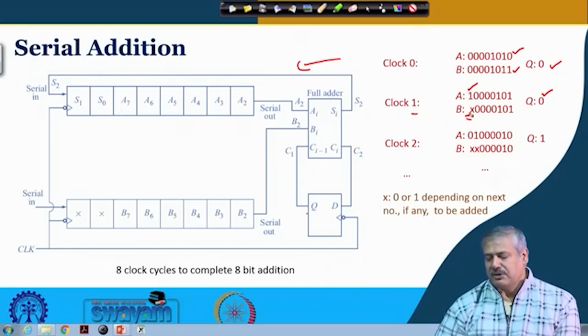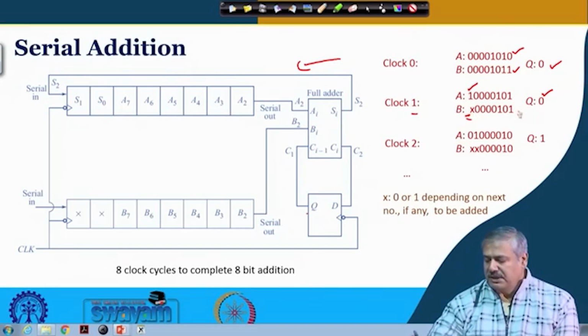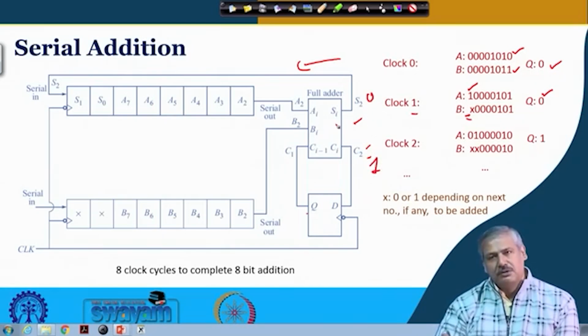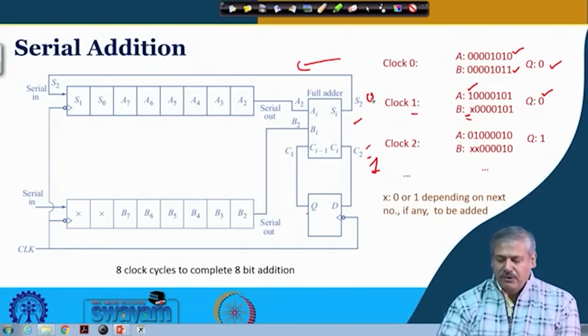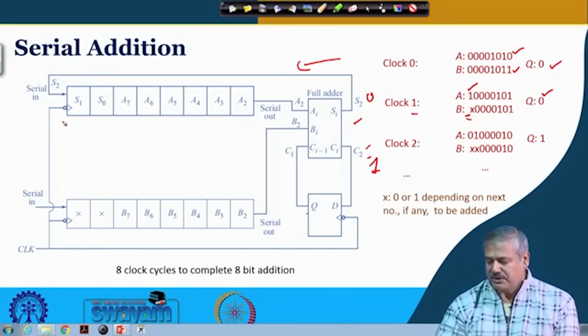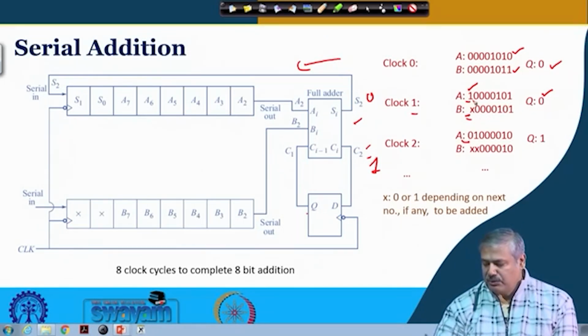So, next clock pulse, what will happen? Because it is combinatorial logic, 1 plus 1, which is 0, is generated and carry generated as 1 within the same clock cycle, but we need the clock trigger for this 0 to come over here. So, at the next clock trigger, this 0 that is generated will come over here, this 1 will get pushed, everything will get pushed, 1 0 is coming over here.